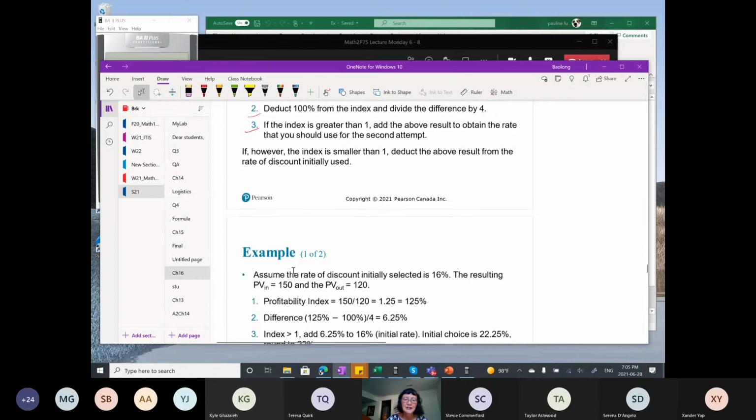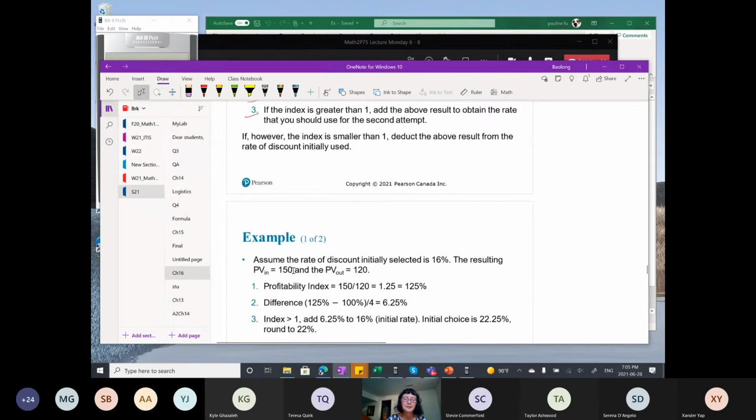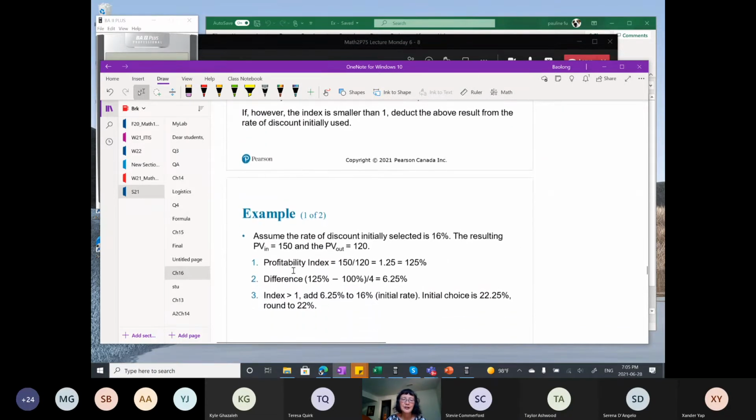Okay, so let's look at this example. Assume the rate of discount initially selected is 16%. The resulting present value of money inflow is 150, present value of money outlay 120.